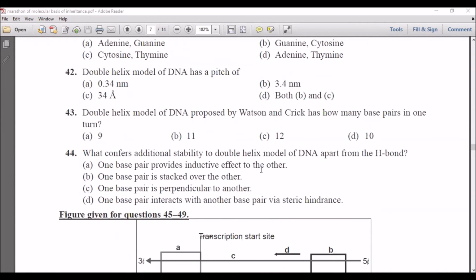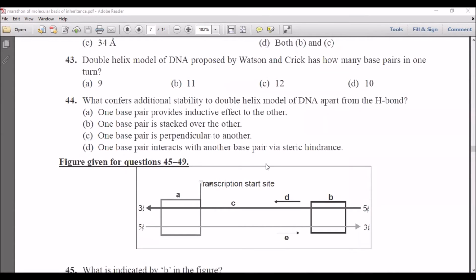Next question is, the double helix model of DNA was proposed by Watson and Crick and has how many base pairs in one turn? The options are 9, 11, 12 and 10. We know that there are 10 base pairs in one turn. So option D is the correct answer.